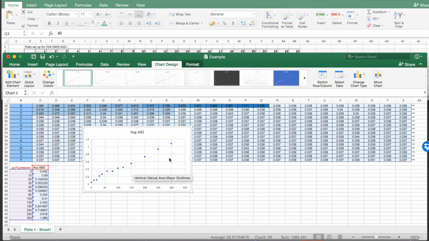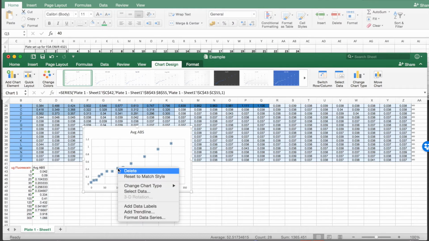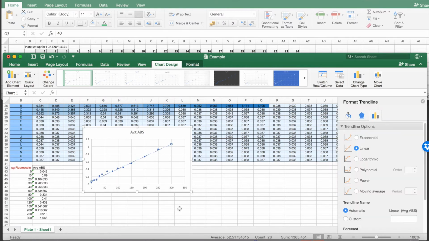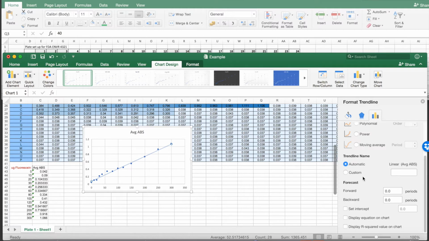And the more straight this line is, the more linear the data is. So I like to add a straight line here. I selected all these points, right-clicked and asked to add a trend line, and I asked for the linear. Then I also wanted to see the R squared.